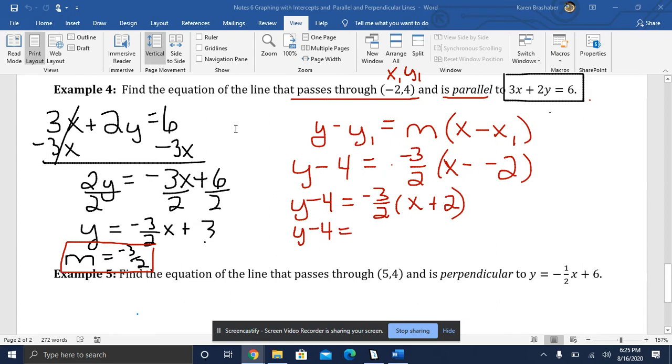To do that, I will distribute, taking -3/2 times x, which is -3/2 x. And then off to the side, I'll work on multiplying -3 over 2 times 2.